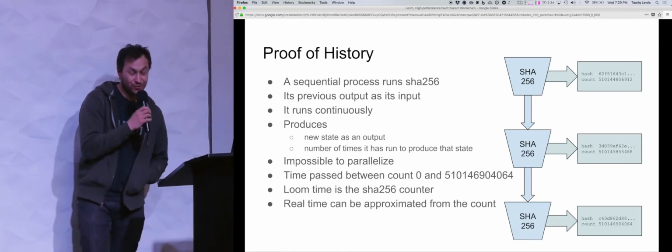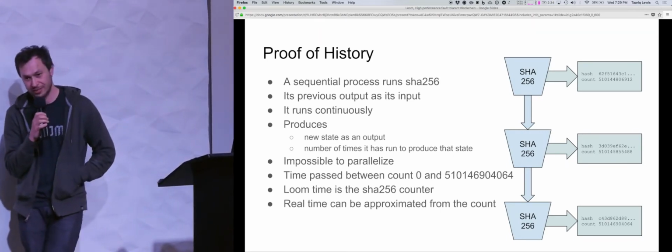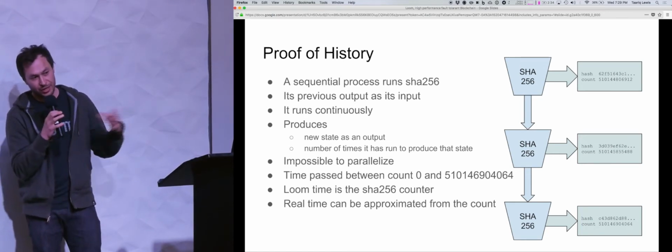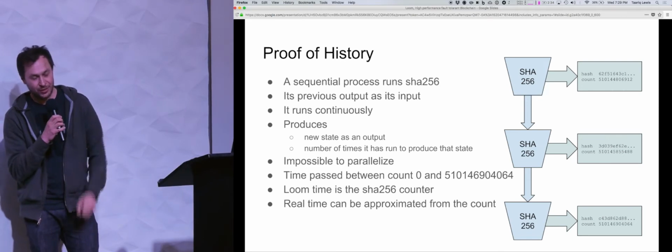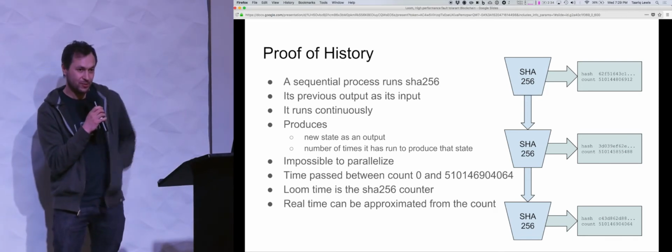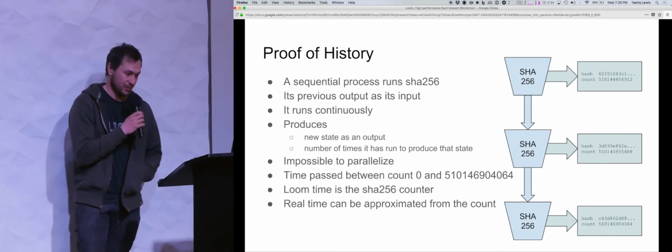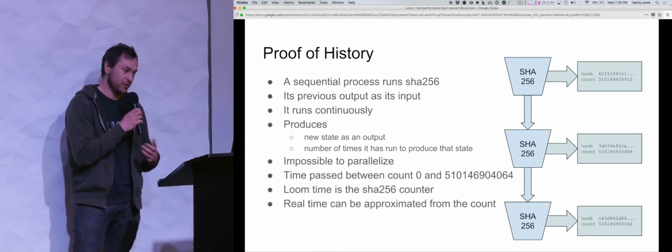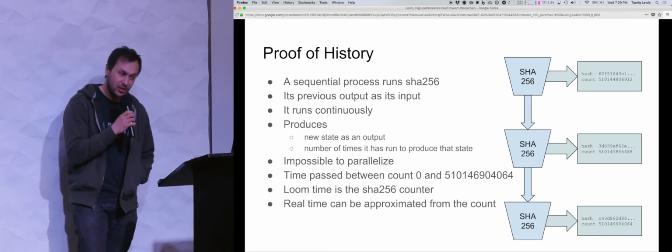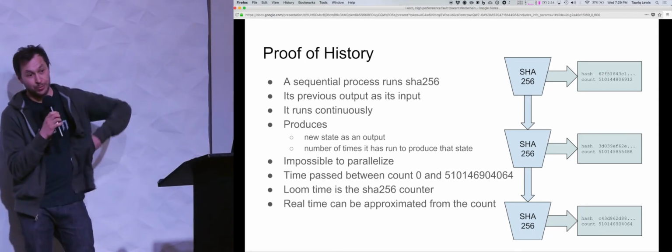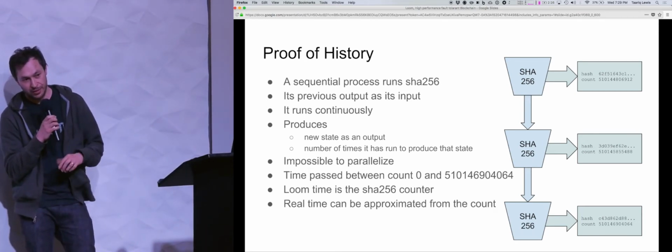If you guys are familiar with what a hash function is, it takes a bunch of data and then generates a piece of data that's the same size. So it can be 256 bits, could be 512 bits. But the property of a cryptographic, or more specifically a pre-image resistant hash function, is that you can't predict what the output is going to be when you run it.